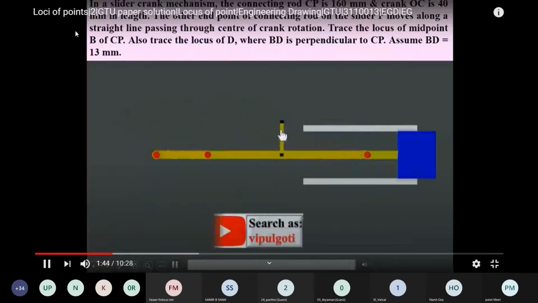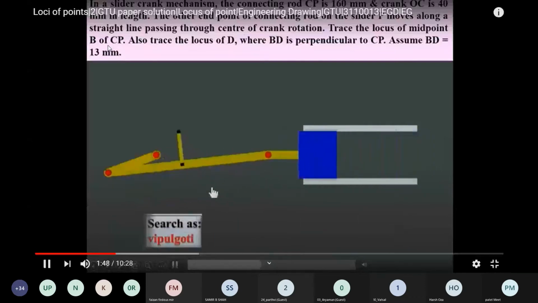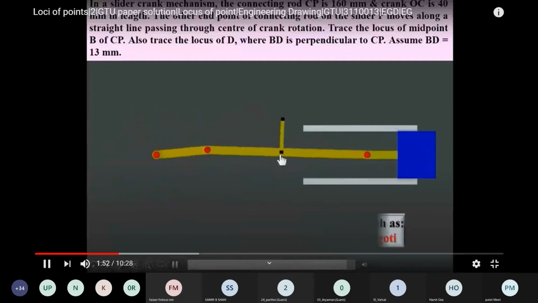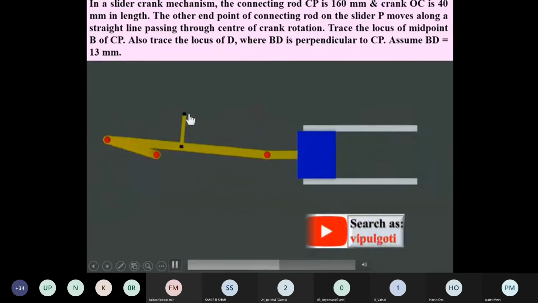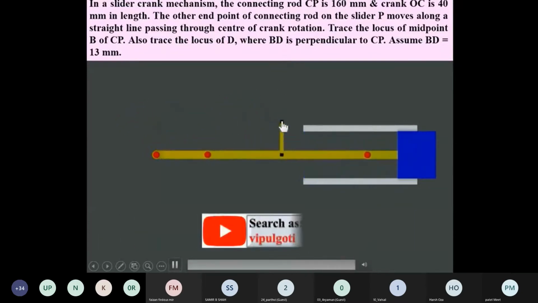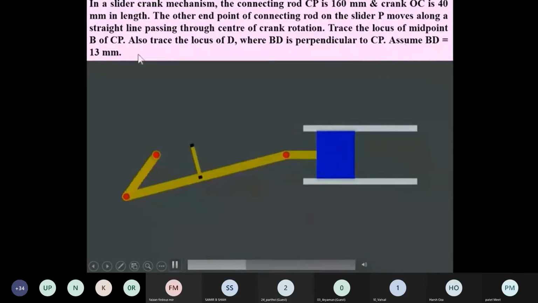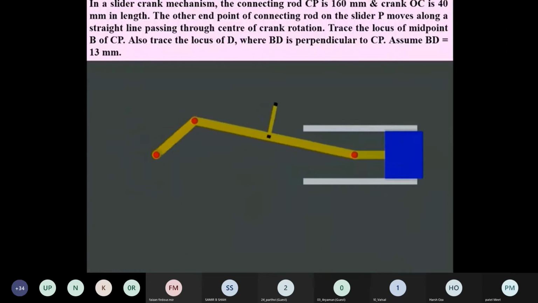Trace the locus of midpoint B. Okay, midpoint B of CP, the connecting rod, we have to take the locus of the center point, tracing it. I already showed you with the cursor that we have to find it. Also trace the locus of point D, where BD is the perpendicular line to CP. Assume BD is equal to 13 mm. The distance is given to you, so it is very clear in the data.